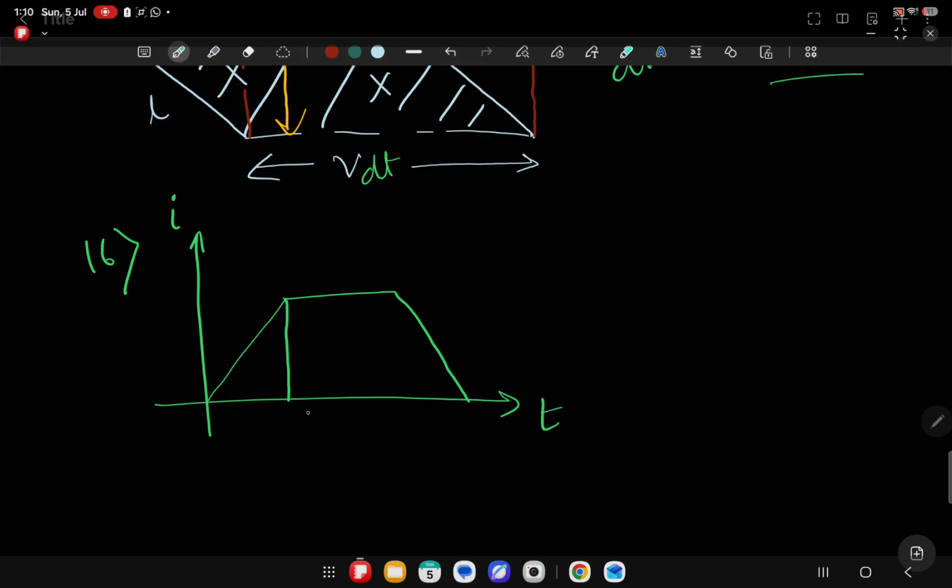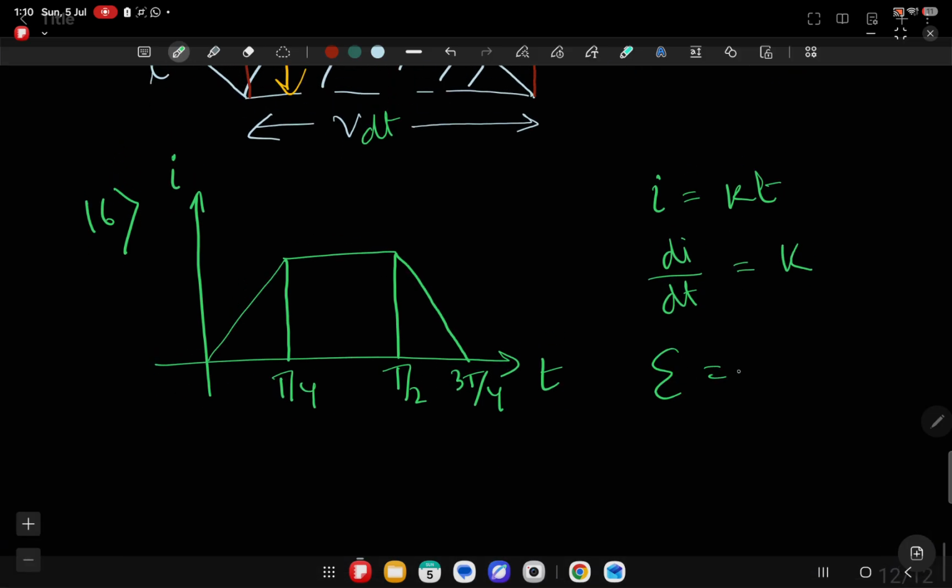This is T by 4, T by 2 and this is 3T by 4. Okay, so in the first case I is kt, the equation of a straight line passing through origin. So di by dt will obviously be k. So epsilon is minus L di by dt, so it will be minus Lk.